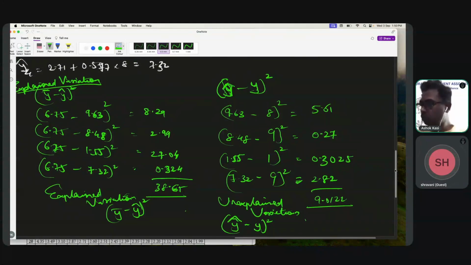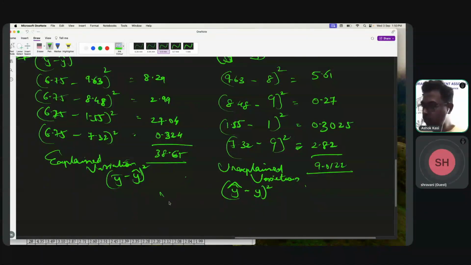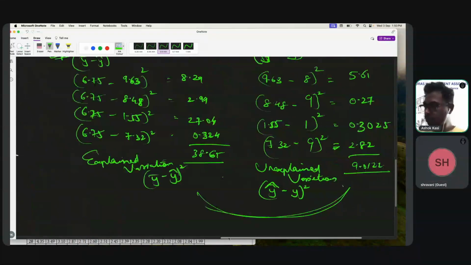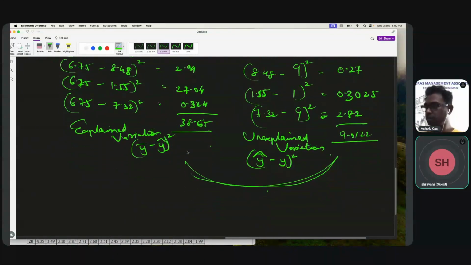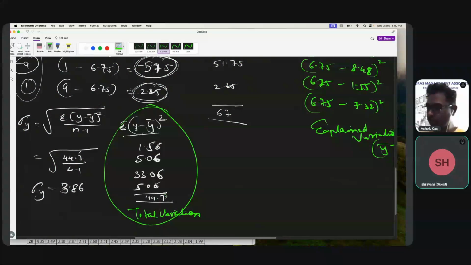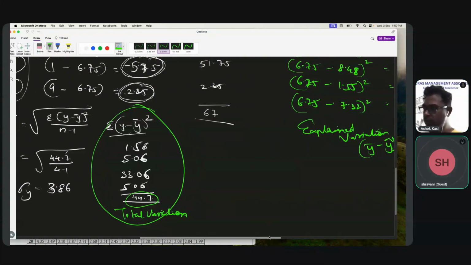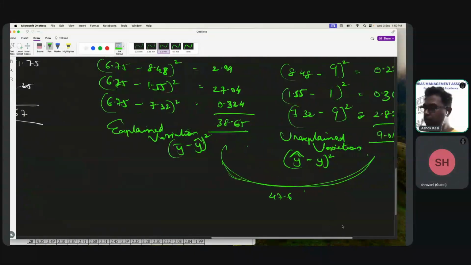So now you add these two, explained and unexplained. That should match with total. Add these two. 47.6. 44.7. So still 2, 3 numbers are differing.